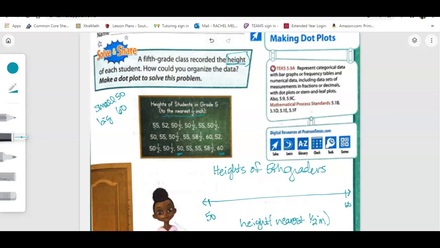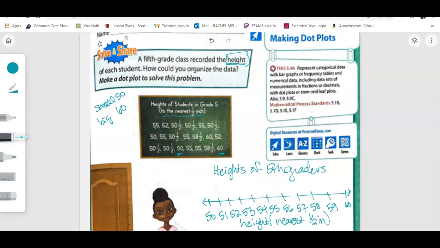Now here's where it gets slightly tricky because it's not just whole numbers, is it? It's also half numbers. So I think if I do whole numbers here, 52, 53, 54, and I'll show you what I'm doing here in a second, 55, 56, 57, 58, and 59.